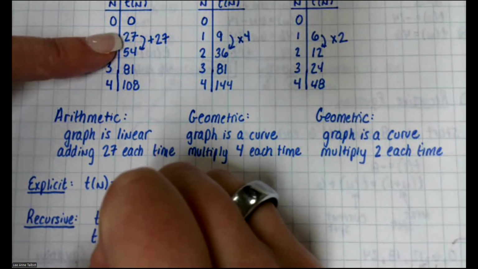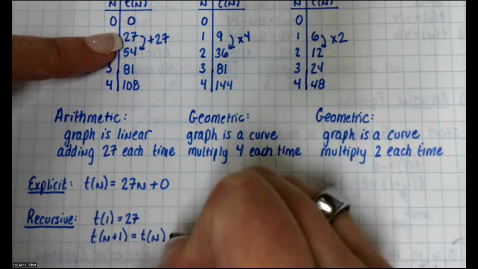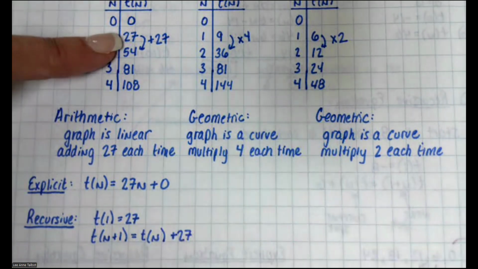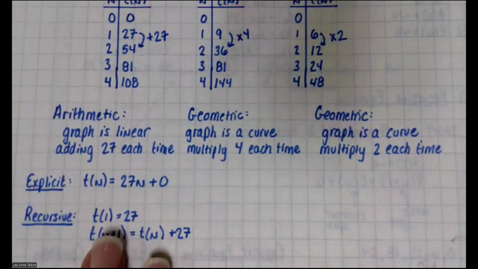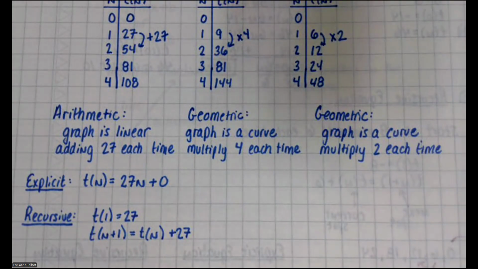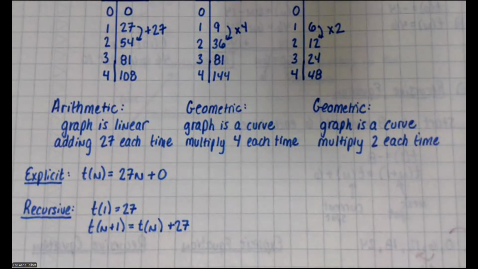To get the next term, you take your current term and add 27 each time. Are these numbers usually the same? No, this is just a special one. Before I move on, do you have any questions about the recursive? Because that's new.